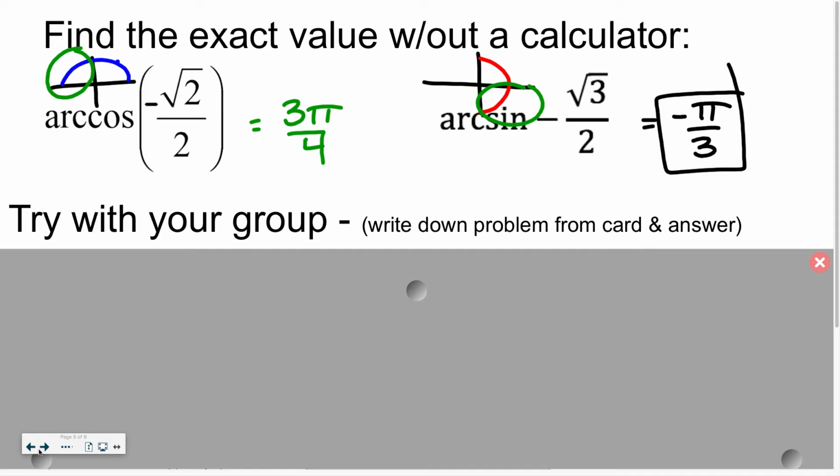Okay? You have a set of cards at your desks for your pods. I'm going to give you 3 minutes. It's going to be short. It's going to be fast. You're going to go through as many of those as you can. Call me over if your group is arguing about something, or if you have somebody who really needs some help.